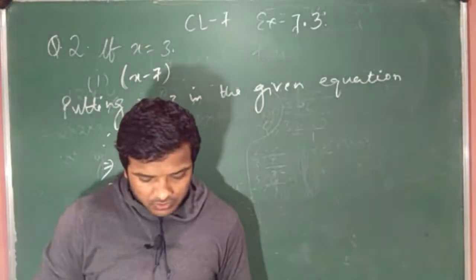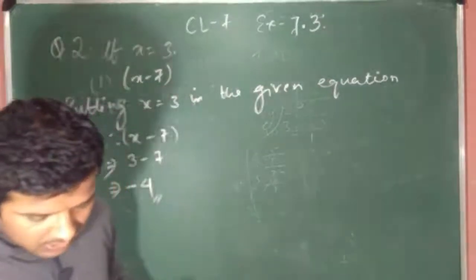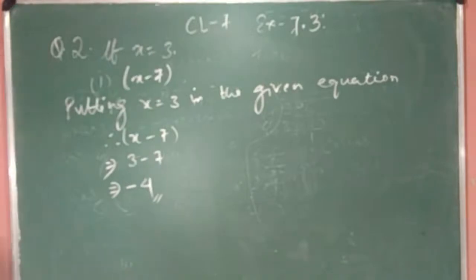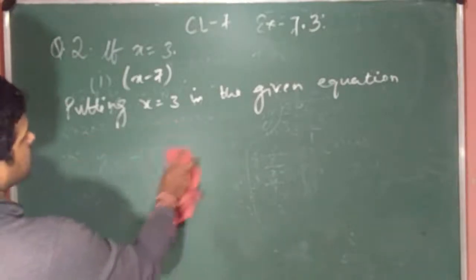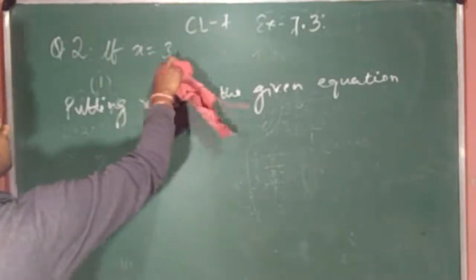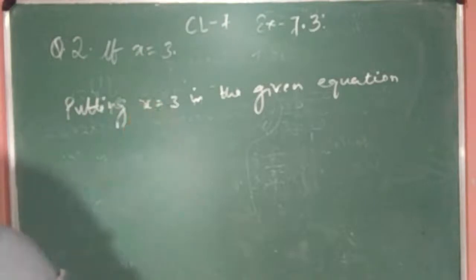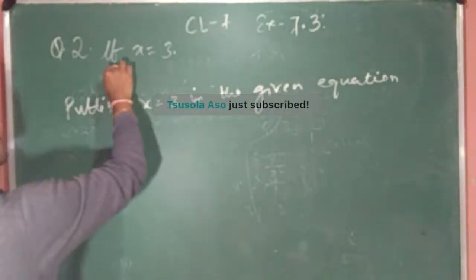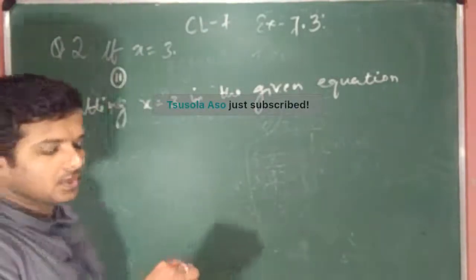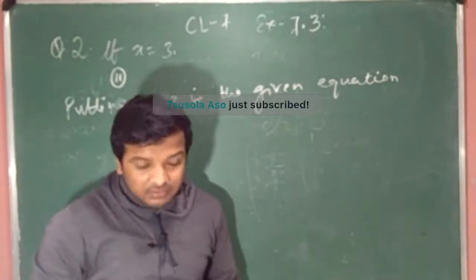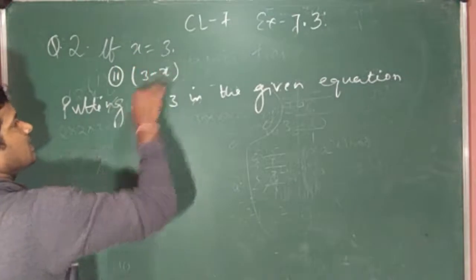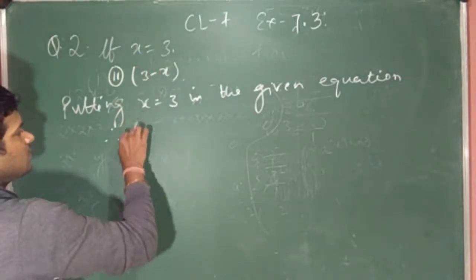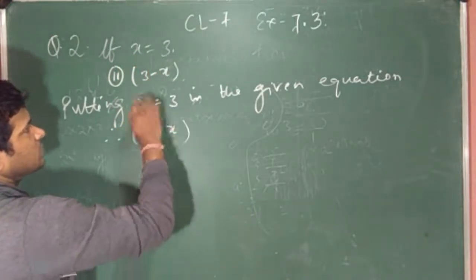Similarly, let us have a look at Roman number 2. Roman number 2 says 3 minus x. This is the Roman number 2 solution.